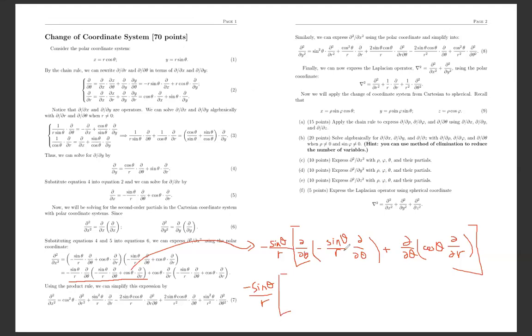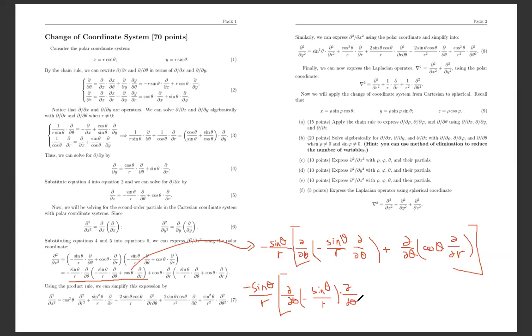So when you have the product rule here, that means you apply the partial of partial theta on the first function, which is minus sine theta over r. And for this part, you leave it like that.